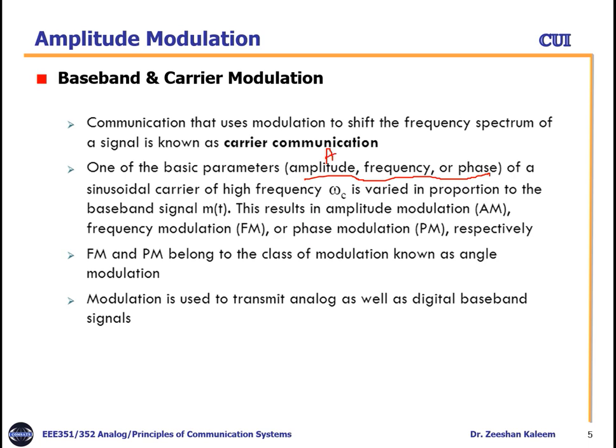Whenever the carrier signal frequency is modified, we call it frequency modulation. Whenever the angle or phase is modified, we call it angle modulation or phase modulation, PM. These are the three main types of modulation. FM and PM belong to the class known as angle modulation. Modulation is used to transmit analog as well as digital baseband signals.